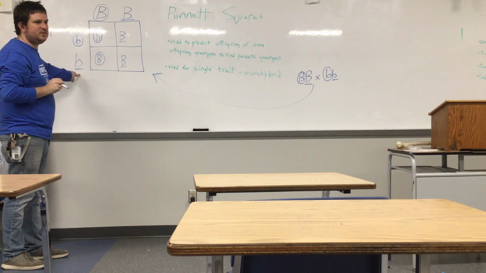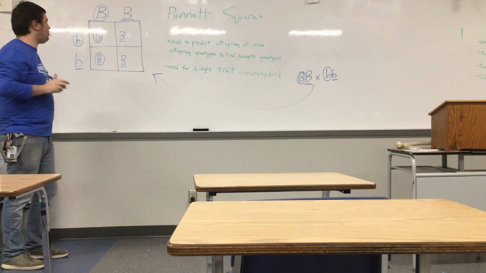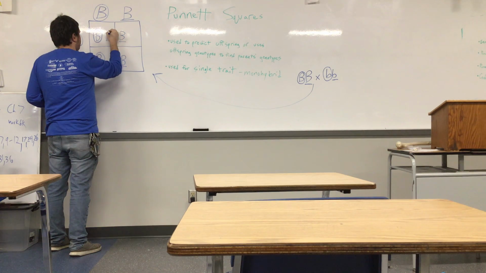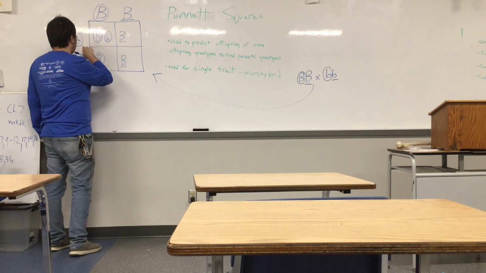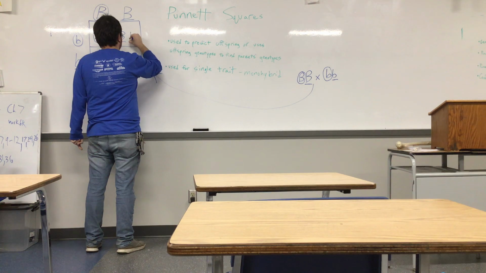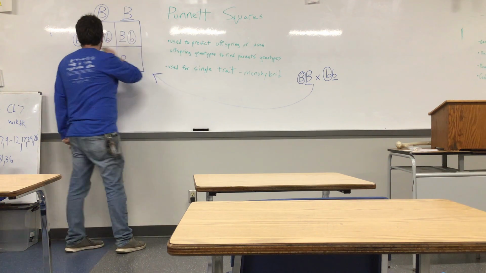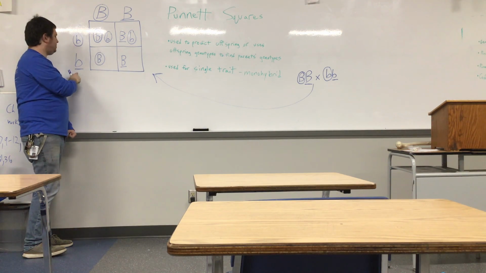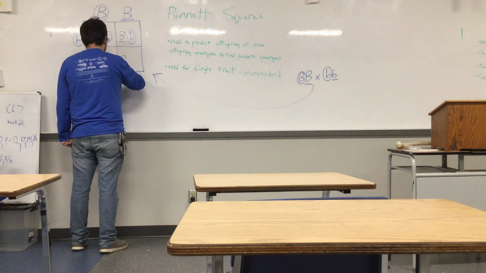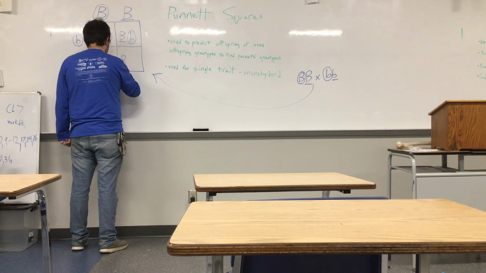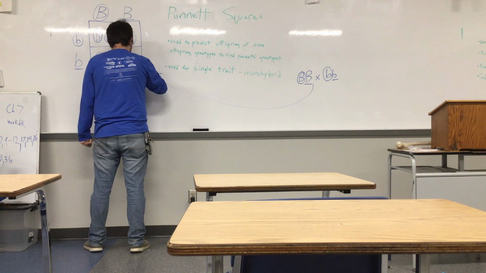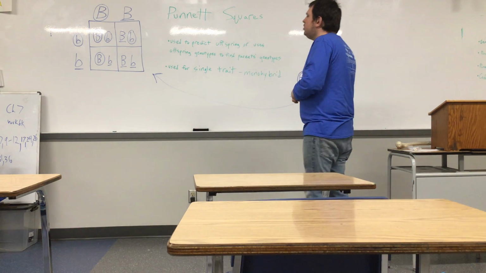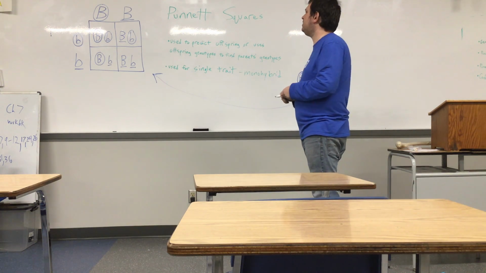Next, these two B's we bring to the side, since they're on the side. This lowercase b is brought there, and this lowercase b is brought there. The two B's to the side. This lowercase b is then brought over just like the one above it. And that is all you need to do to make a Punnett square.